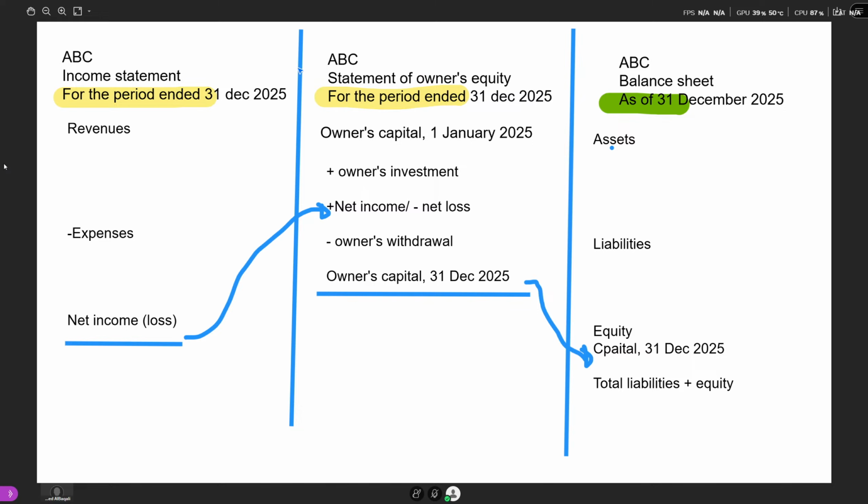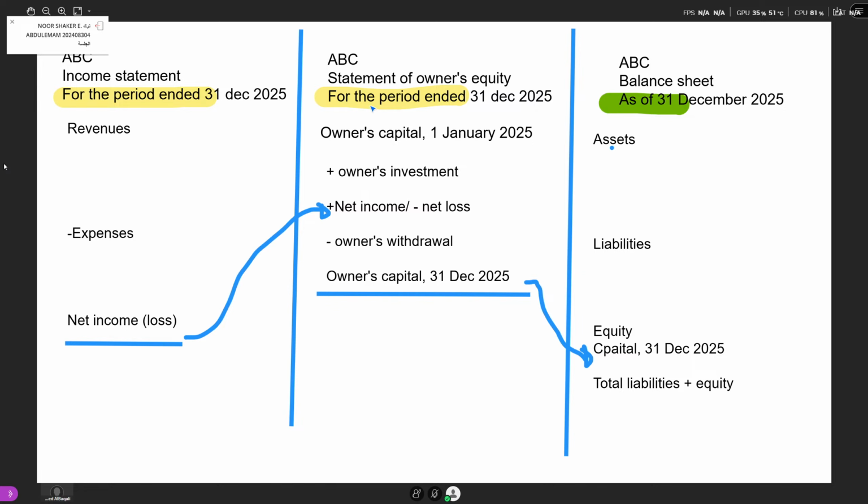Income statement and statement of owner's equity is the same. It is for the period. But for the balance sheet, when we write the date, we write it as follows, as of. So it's different. And this is not random, it is on purpose. The income statement is for the period that ended on 31st of December.